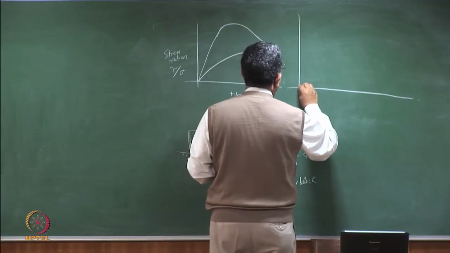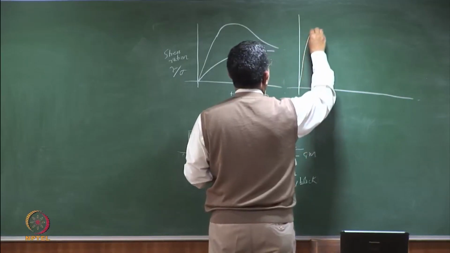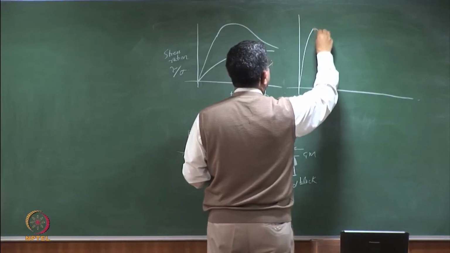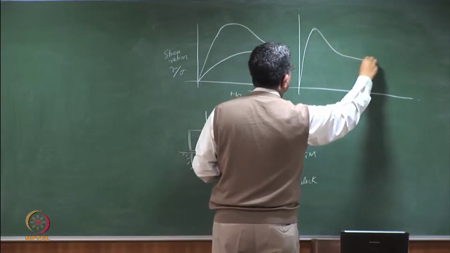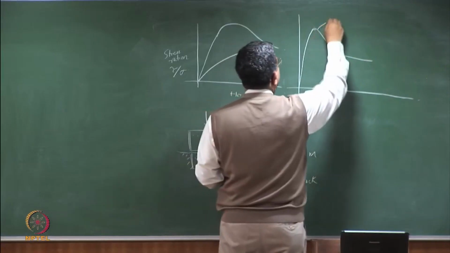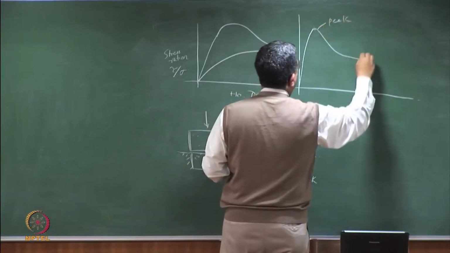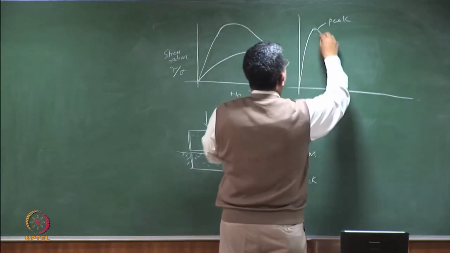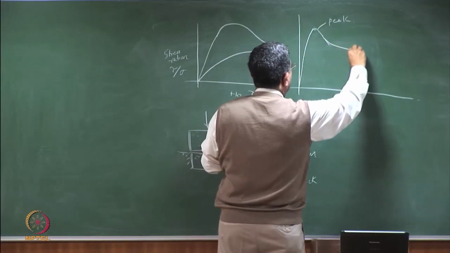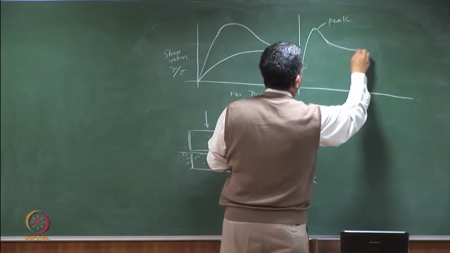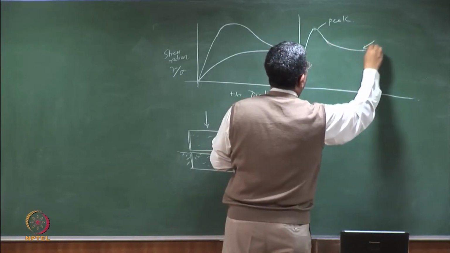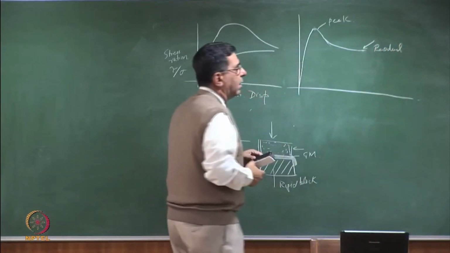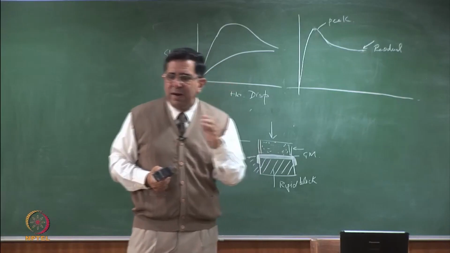Typically the peak would come and then it would slip. So you will get a peak value, and it may not fall that much, I don't want you to get a feeling that it falls to half the value. You will get a peak value and a residual value.